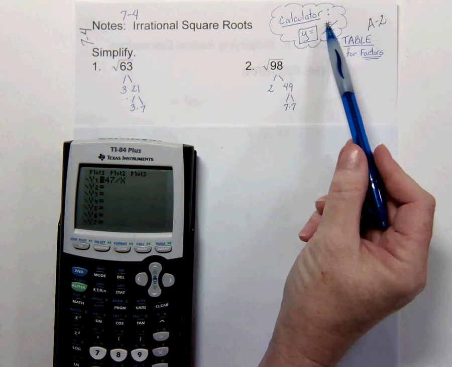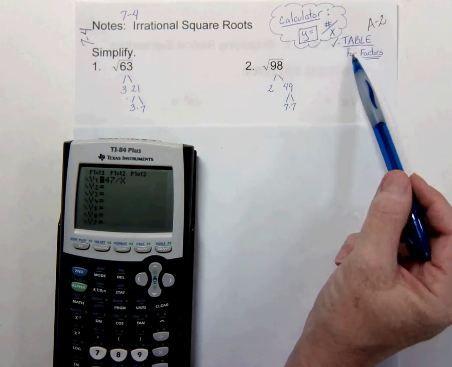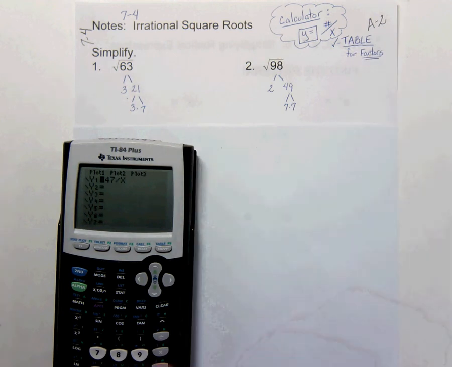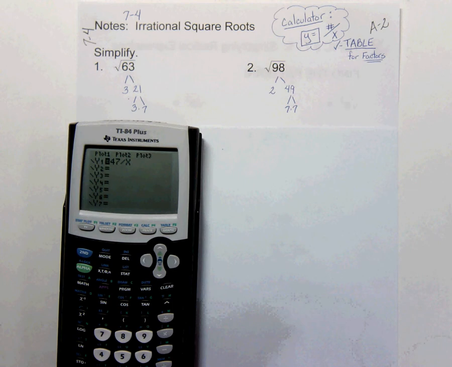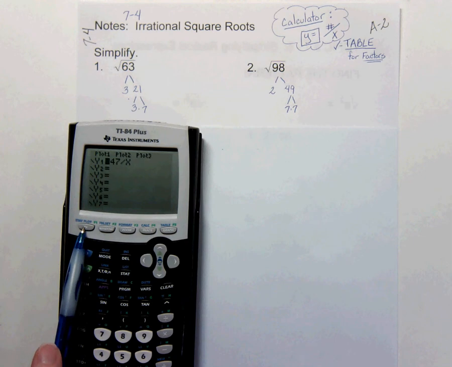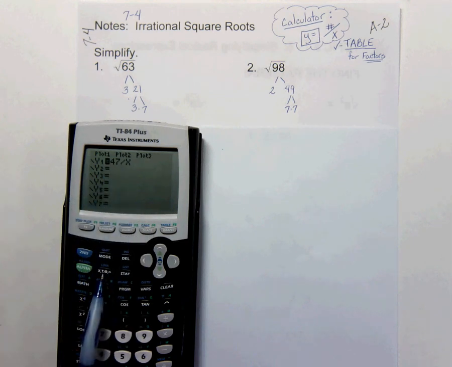You put the number divided by x, and then you check the table for the list of factors. The example that I had on my card was the square root of 47. Let's see if there were any factors. So you go to your y equals button, and then you put in the number, and then divided by x, and use this for your x. This is the universal variable. Whether you also have a p or a q or a t, it doesn't matter.